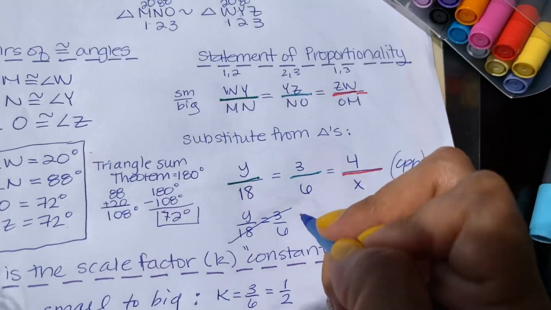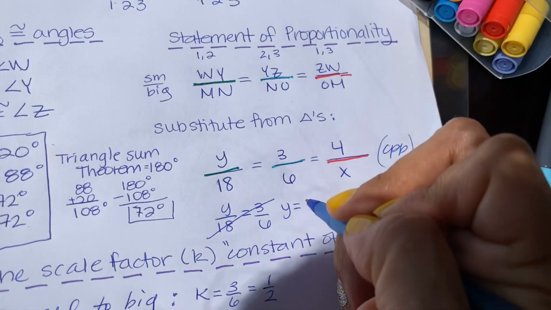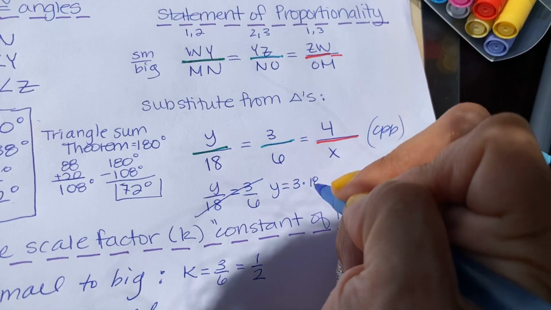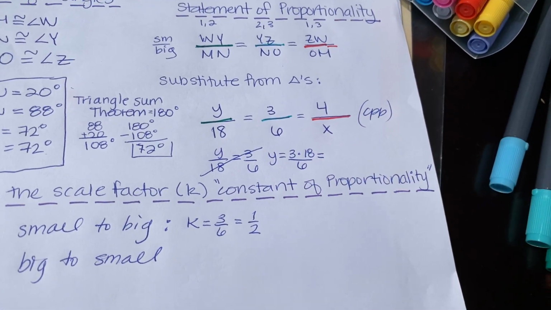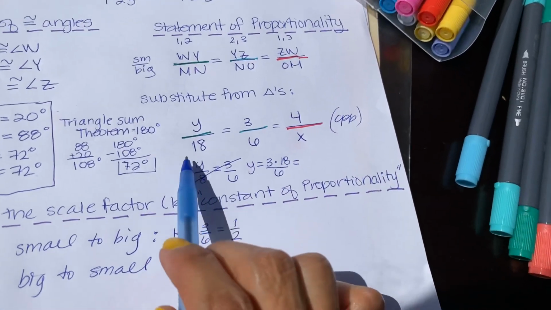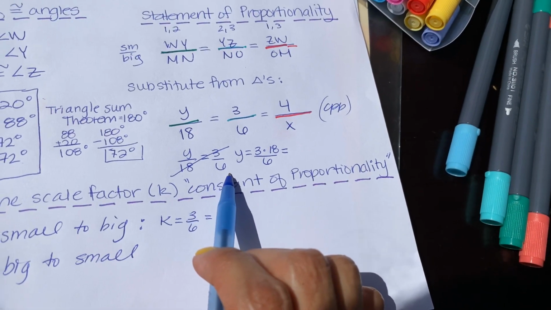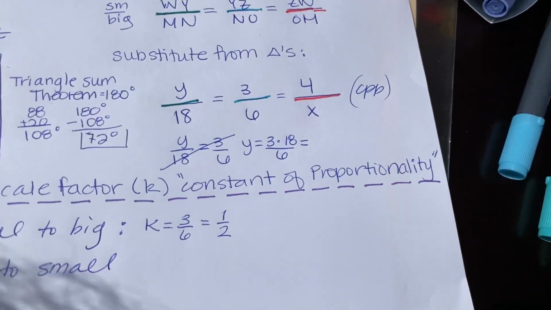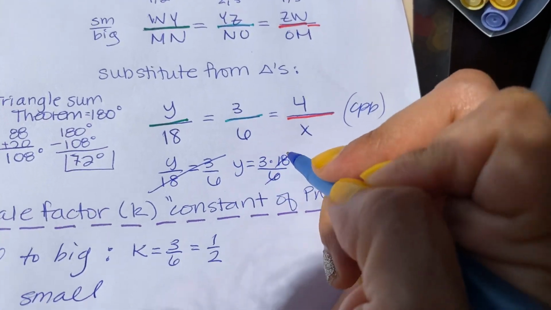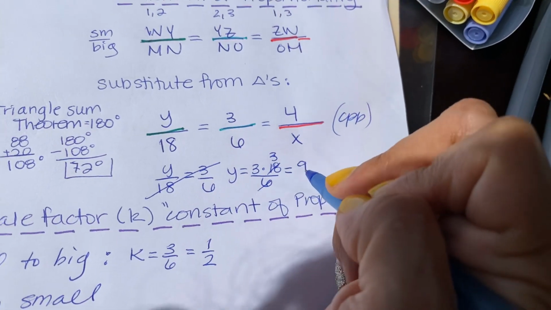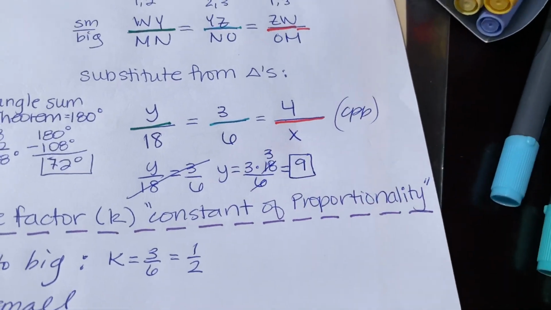And so Y is equal to 3 times 18 over 6, right? Now notice, I didn't go 6 over Y because I'm just going to have to divide the 6 out anyways, right? So if 6 goes into 18 3 times, 3 times 3 is 9.